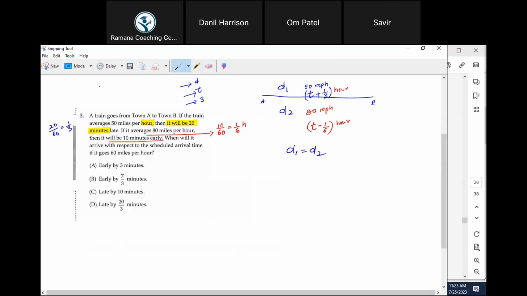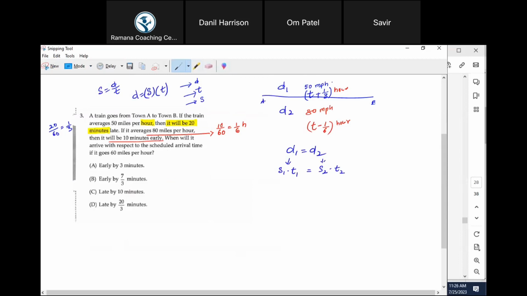But what is the distance formula? If the speed is distance over time, what is the distance formula? Speed times time, correct? So can I say that speed 1 times time 1 equals speed 2 times time 2?